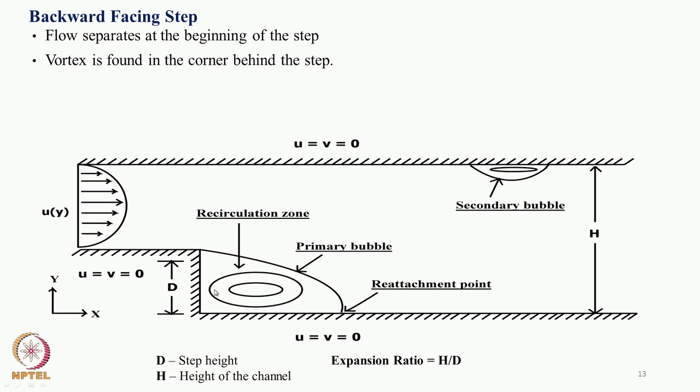Now, the question that is important is what is happening in this region. This is a recirculation zone, and there is an eddy and flow recirculating in this region. That means, if you define the x and y coordinate orientation to be as shown here, then you can observe that with respect to the coordinate definition that you have chosen, for some part the u velocity is positive and for some part the u velocity is negative.